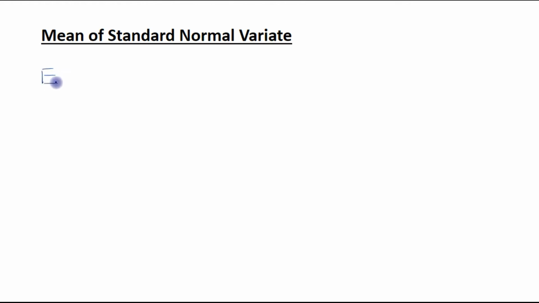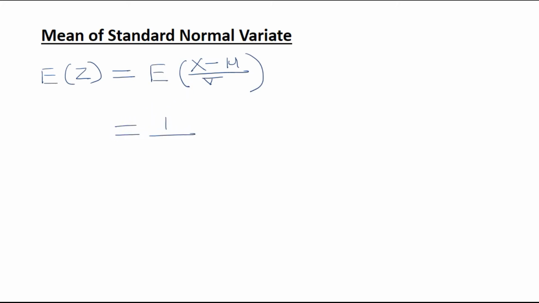So we can write expected value of z equals expected value of x minus mu upon sigma. In the next step we can write 1 upon sigma expected value of x minus mu.